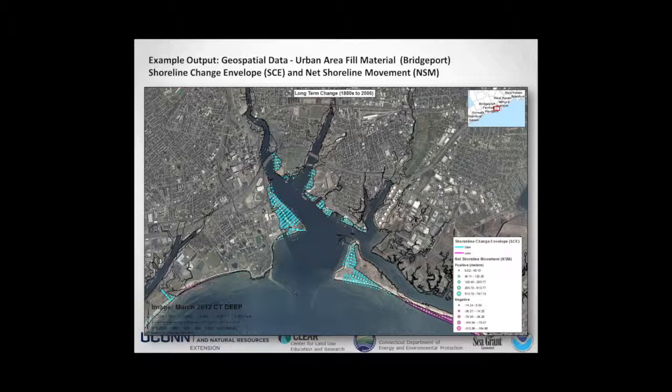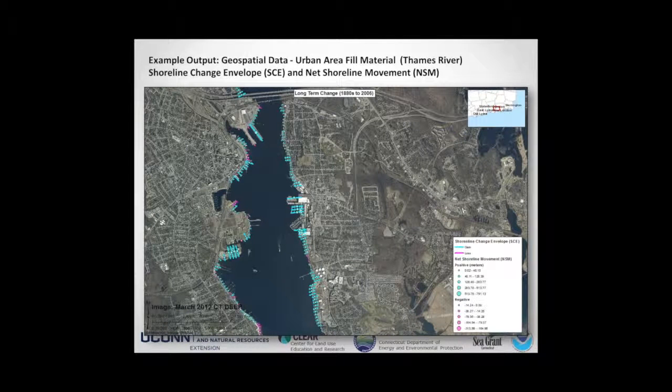And here's the Bridgeport area. New Haven's the one that's got the most fill in that zone. And then here's the Thames River, just another example of how an urban area might look with this type of data set that we have. As you can see, mostly with urban areas, there is not a lot of natural dynamics taking place.